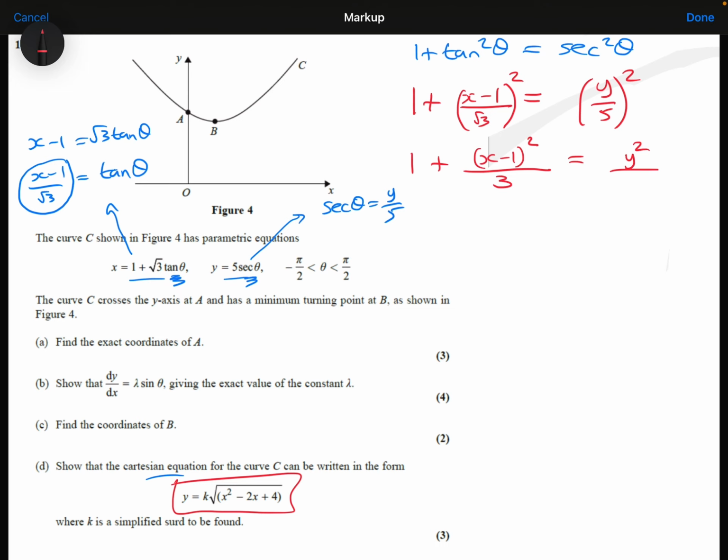Then I've got a y squared over 25. Next, let me multiply both sides by 25 here to get rid of that 25 fraction. So 25 times 1 is 25, and then I've got 25 lots of the x minus 1 all squared over 3.